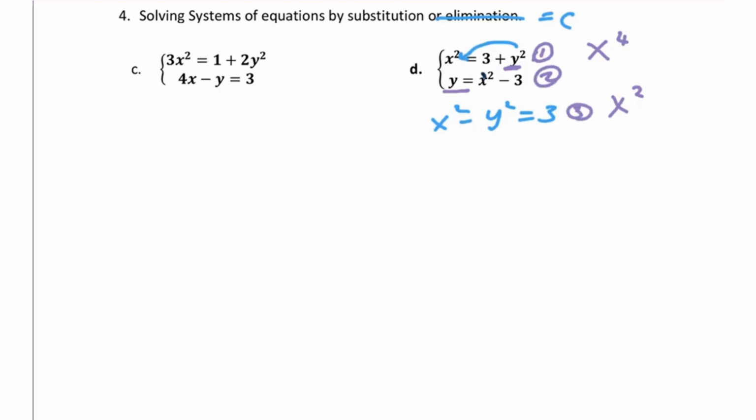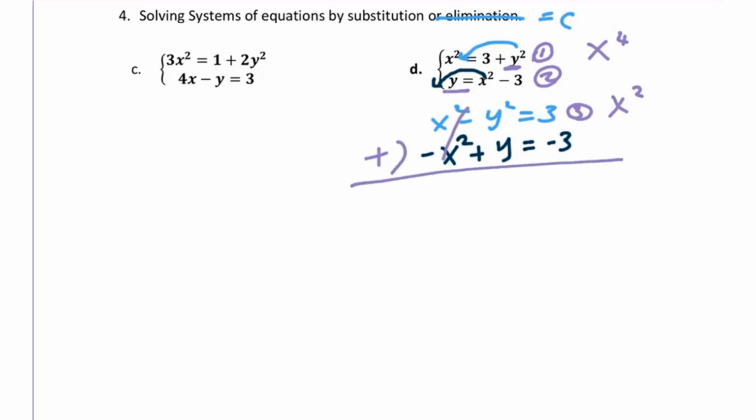For the second one, I will move x squared to the left side, negative x squared plus y equal to negative 3. So we add together, you will get negative y squared plus y equals 0.